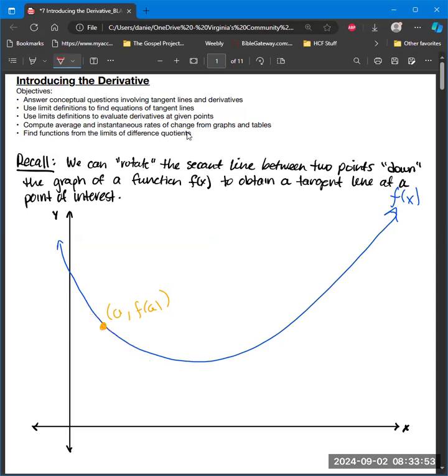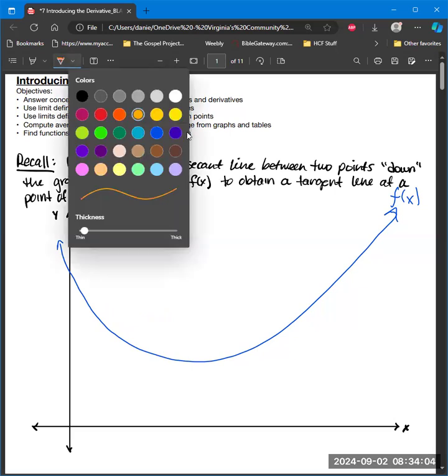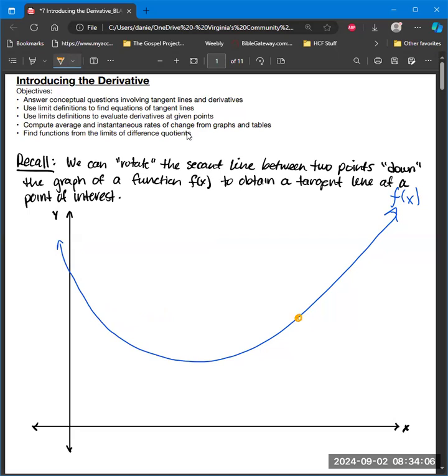I'll do better if I put a, f of a over on this side because I do better drawing to the right. There we go.